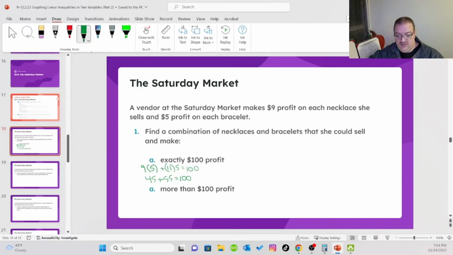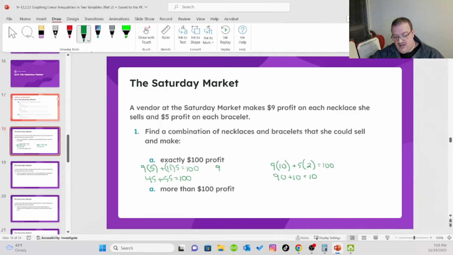Or we could say 10 necklaces and 2 bracelets equals $100 because that would be $90 plus $10, which equals 100.